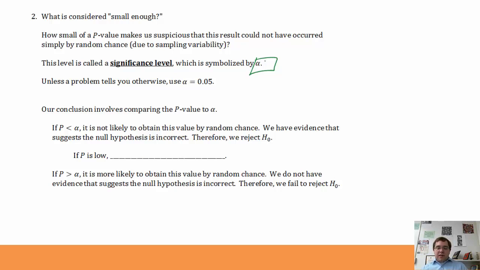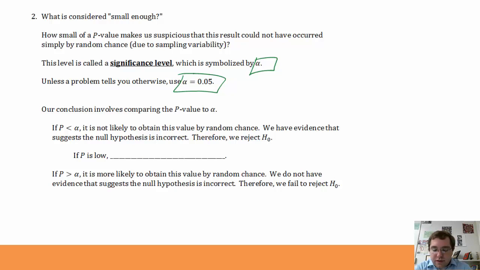Unless the problem tells you otherwise, use alpha equal to 0.05. Use a significance level of 0.05, 5%. So we're saying that 5% is the cutoff range. Anything smaller than 5% is so small of a probability that we don't think it happened by random chance.